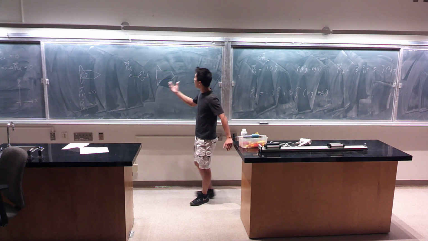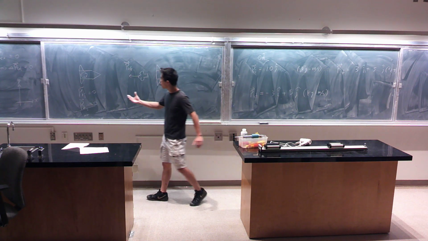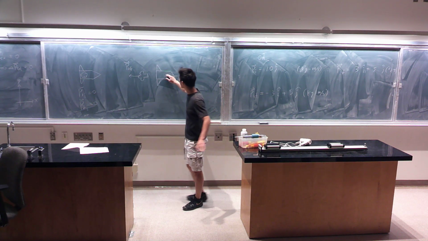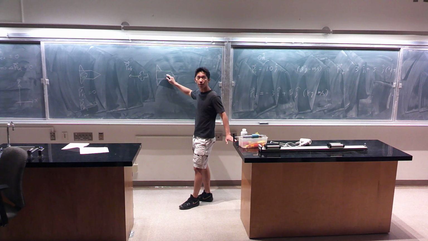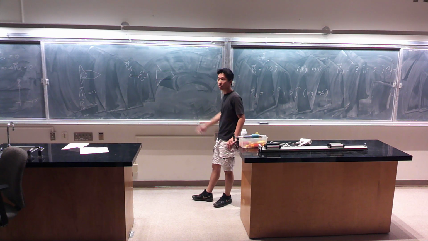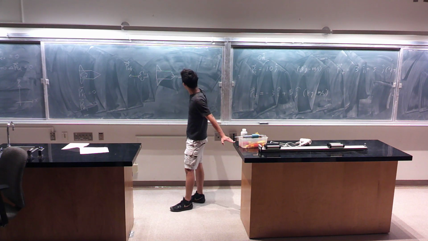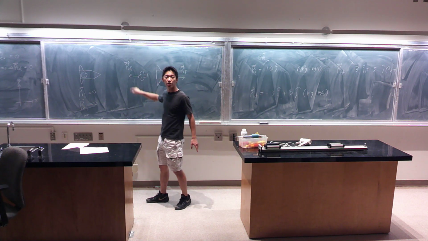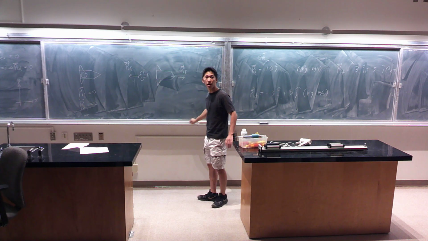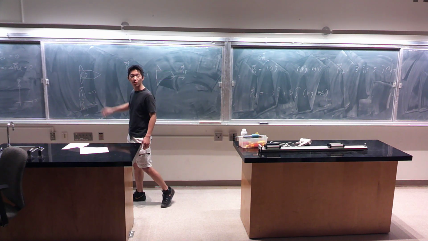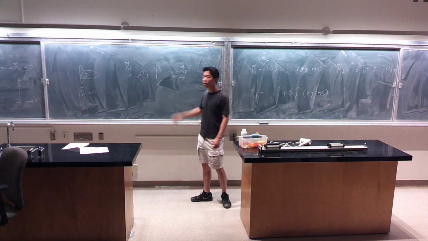So if momentum is conserved and initially the momentum is 0, then which direction should the momentum of the rocket be in the final state? Going to the right, right? The final momentum of the rocket must be equal and opposite to the final momentum of the fuel, so that the momentum adds up to 0, which is the same as the initial momentum. So that's how a rocket works.